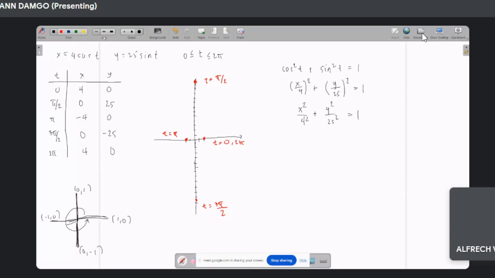Okay, so from here, we already know nga ang graph niya is an ellipse. So, check connect. Okay, so this is an ellipse.